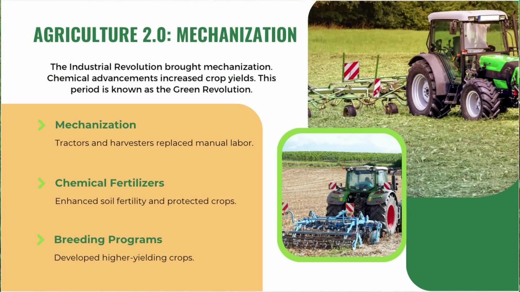So the next is the breeding program. In this case, various public universities, research institutes and private companies started certain breeding programs so that they could develop new high-yielding varieties, which are resistant to disease, pests, and other climatic conditions, which also increased the productivity of the crops.